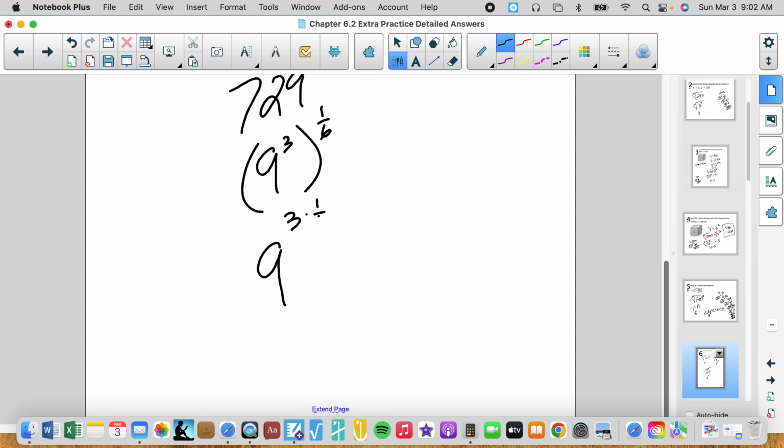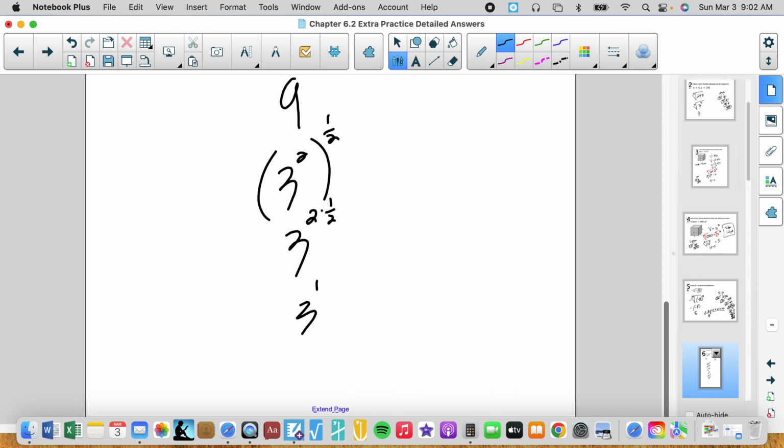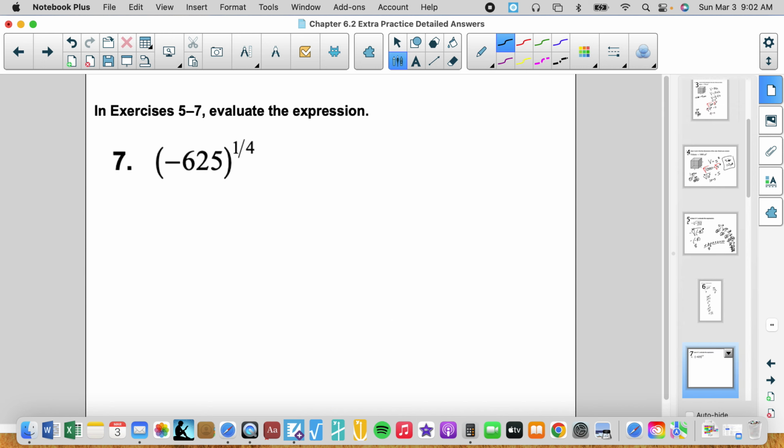So we have 3 times 1/6, which equals 9 to the 1/2. And now we can do 9 as 3 squared to the 1/2, which is 3 to the 2 times 1/2, which equals 3 to the 1, which equals 3. Yes, we got it! That was cool.